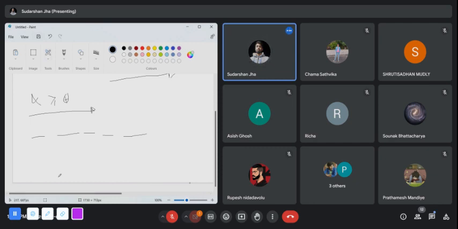Okay, so the screen is visible, right? So the bitwise and is greater than or equal to bitwise or, and if you move from this side, your bitwise or is greater than or equal to bitwise and.